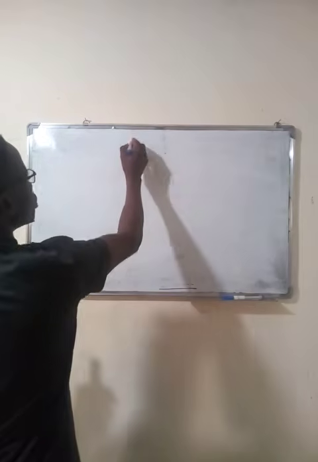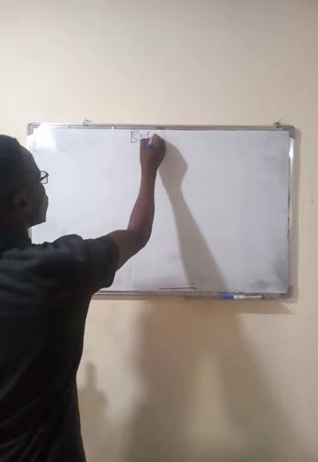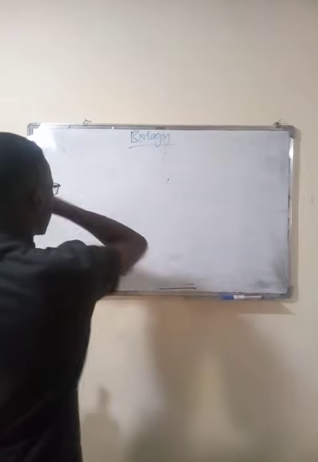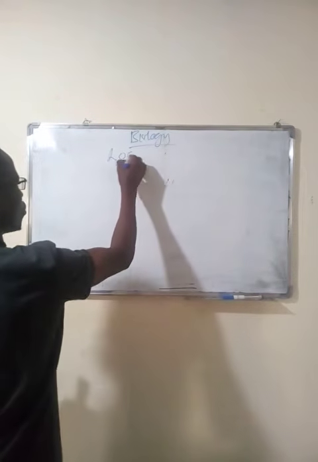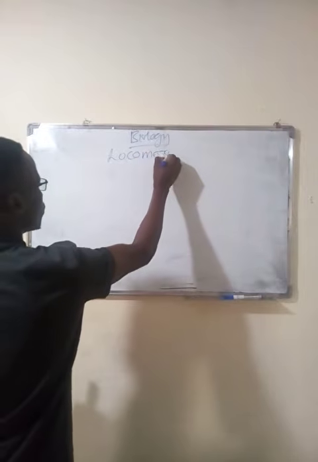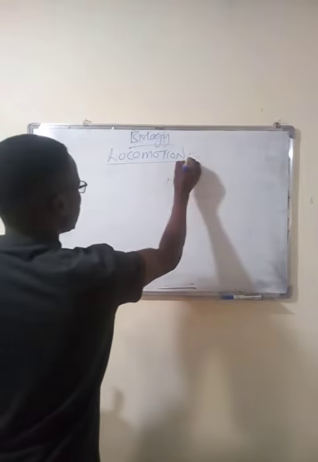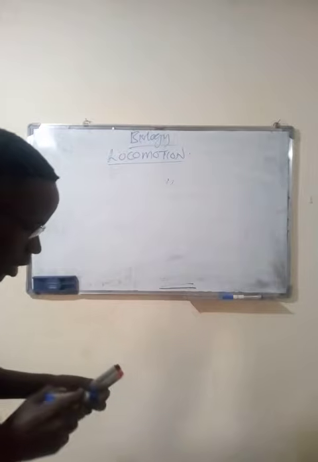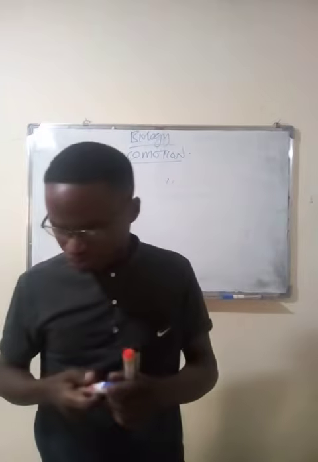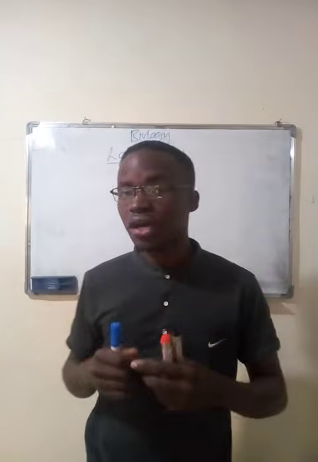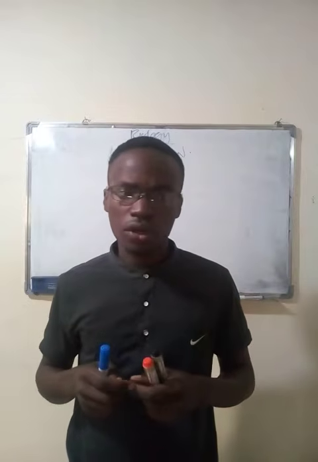So this is biology. We want to look specifically at what is called locomotion, right? Now, I'm going to take you back to the characteristics of living organisms.